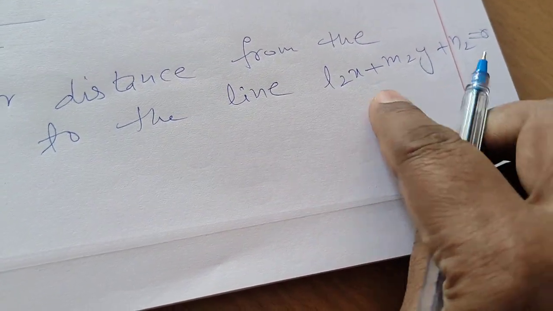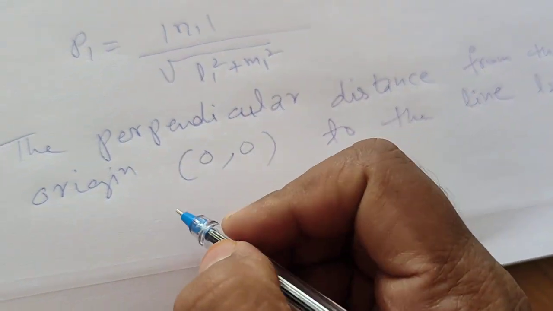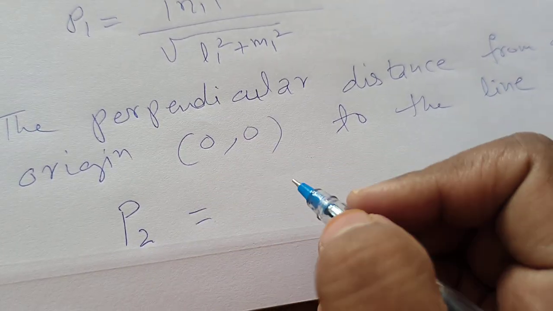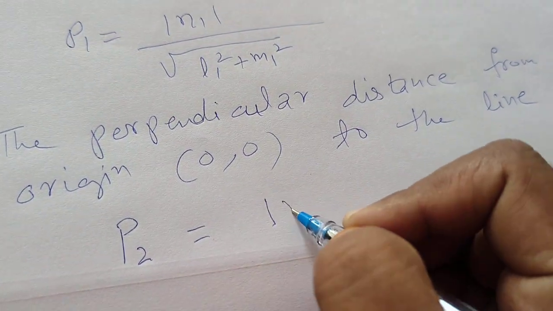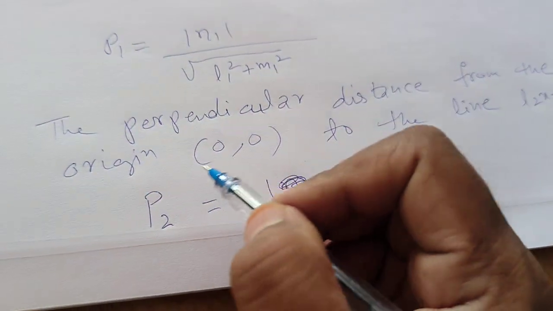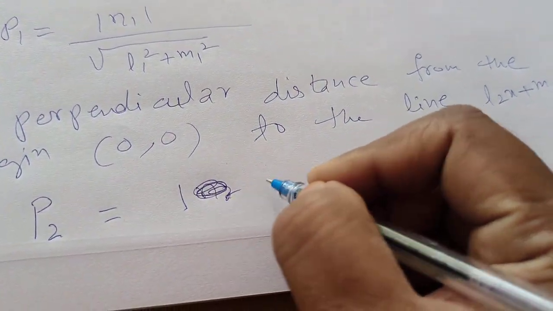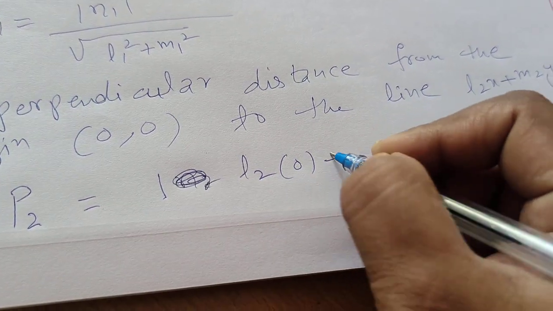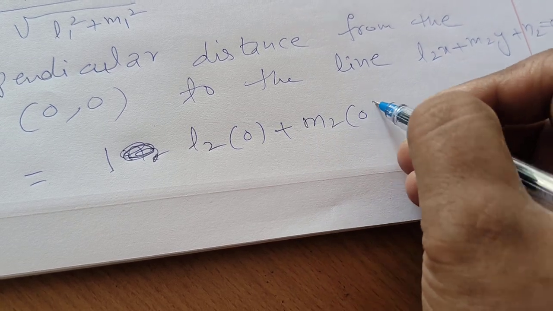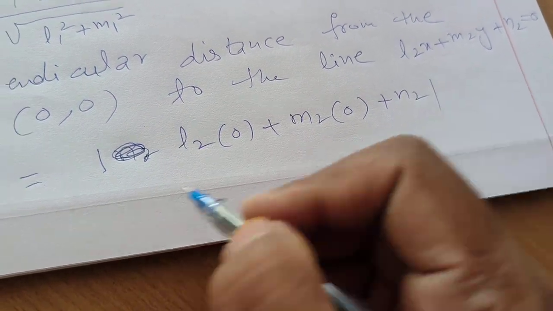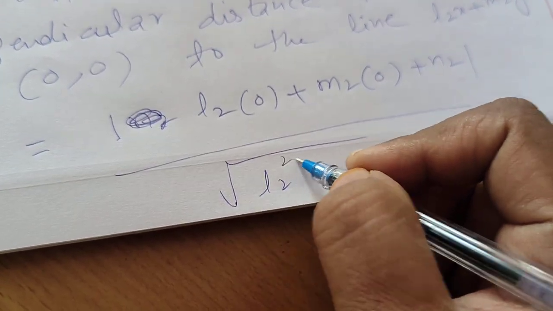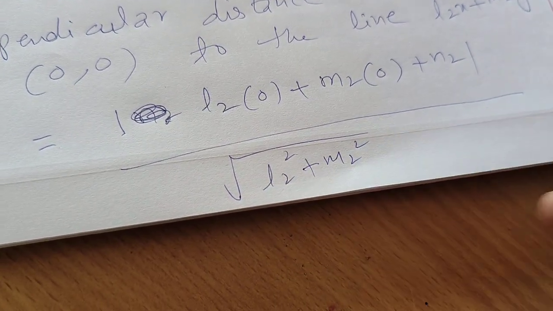Here also in place of x and y we will substitute 0. The second perpendicular distance is denoted by P2. P2 is equal to L2 into 0 plus M2 into 0 plus N2, divided by under root L2 square plus M2 square.